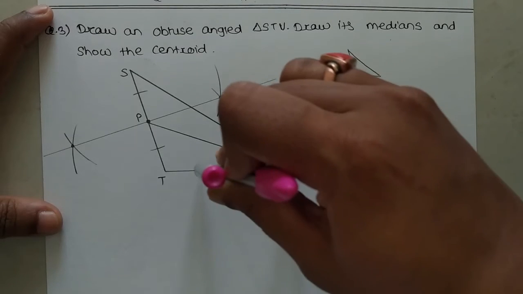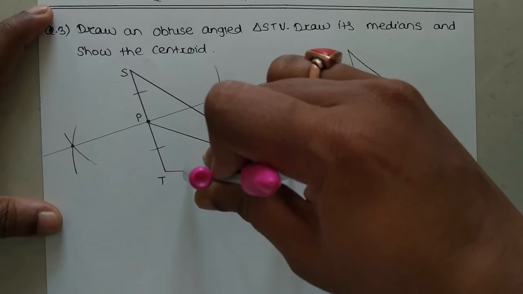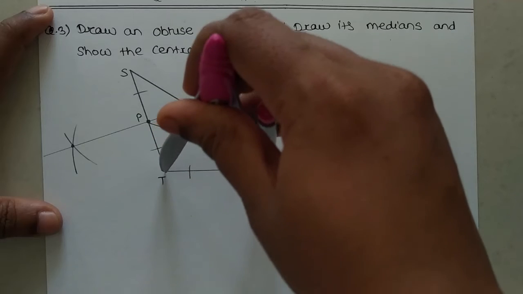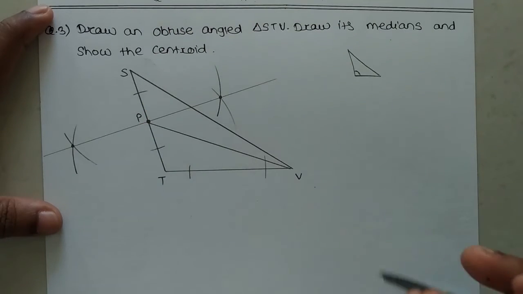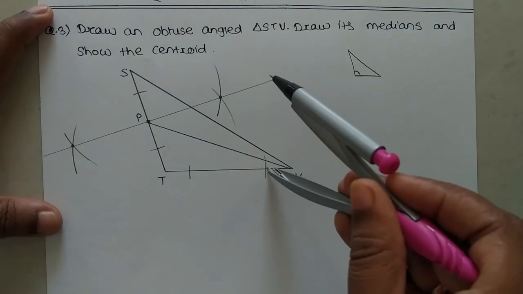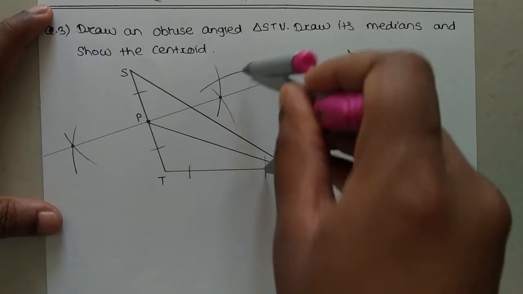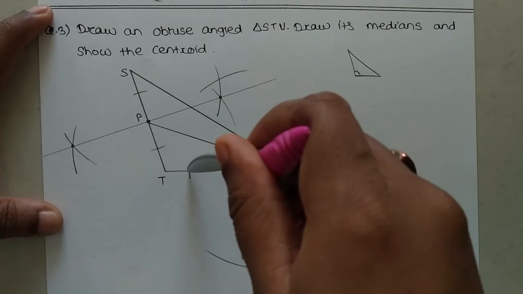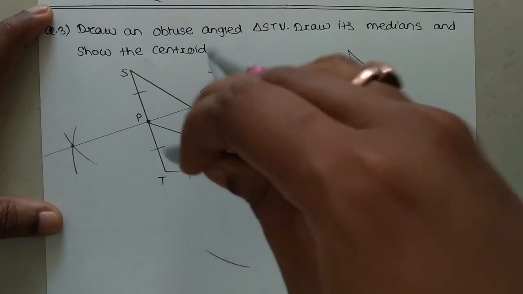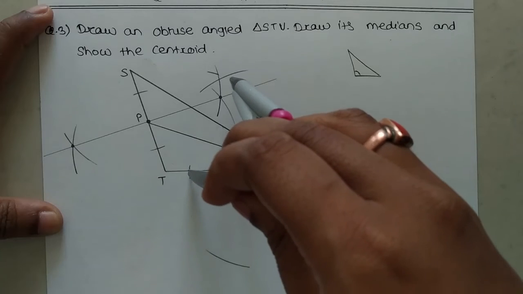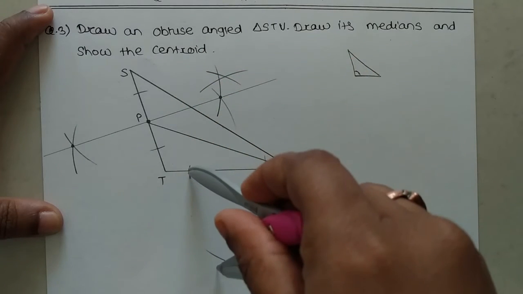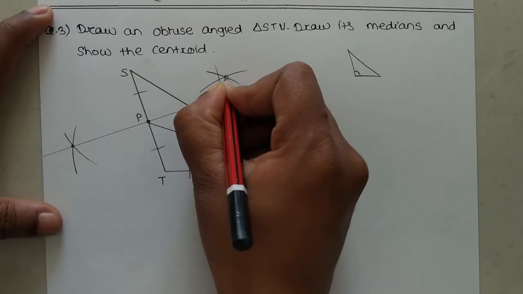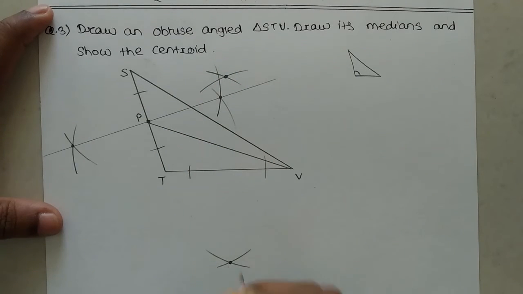Take more than half distance in your compass and draw one arc here. Similarly, draw one arc here. Without changing this distance of your compass, draw one arc above and down. Similarly, cut this arc. So we get two points here, this one is first and this one is second.